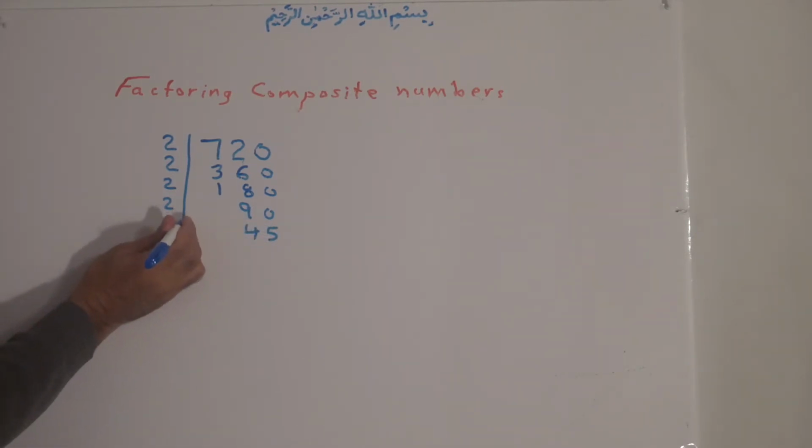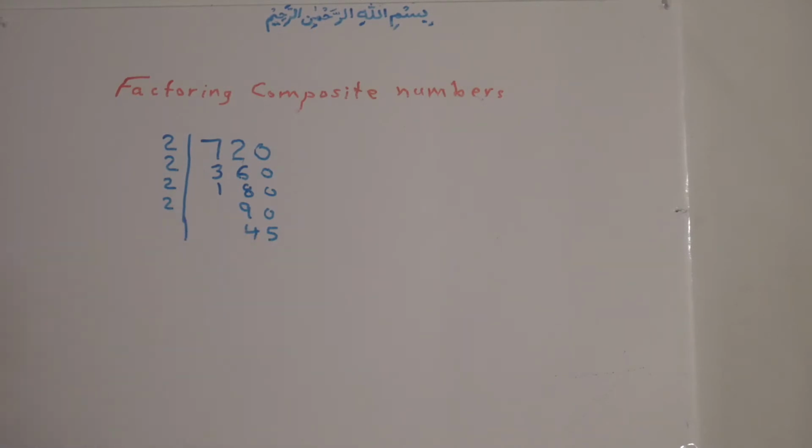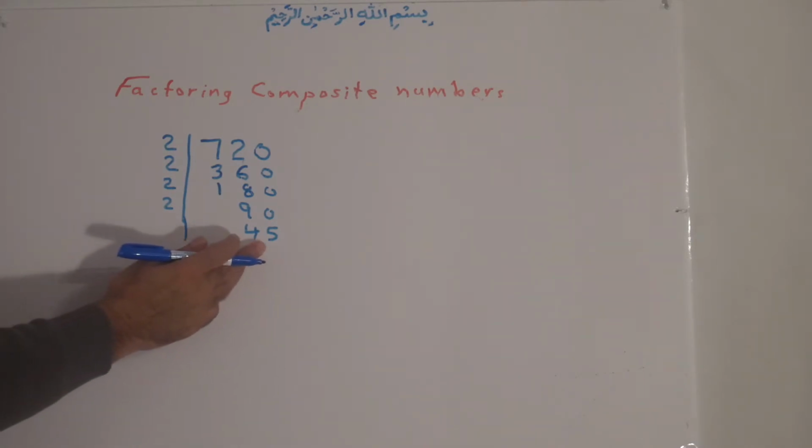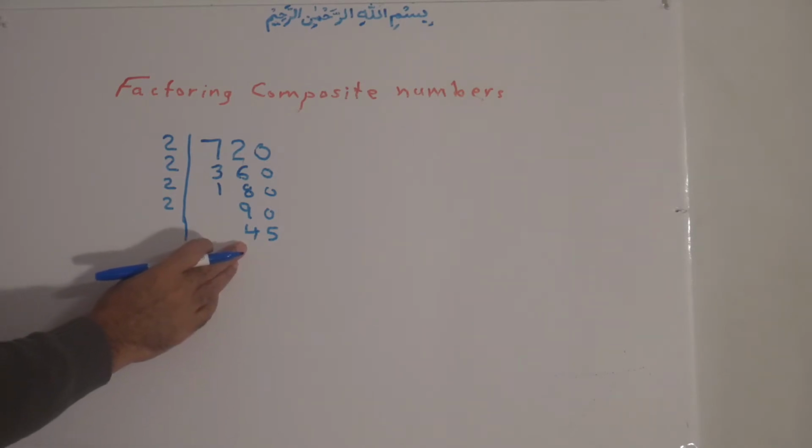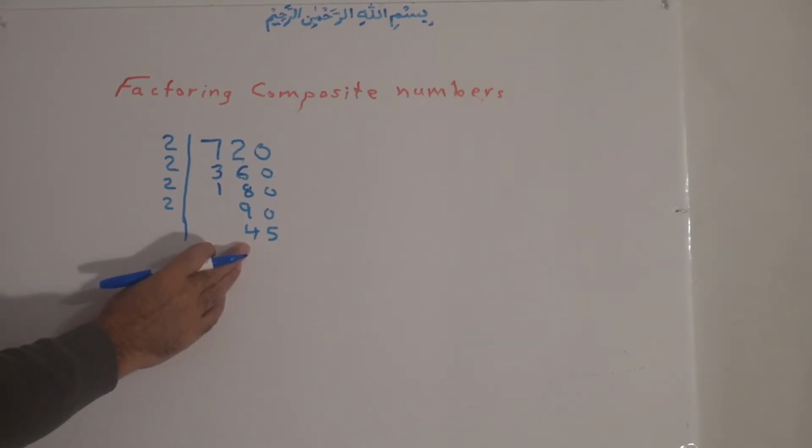Now this is not divisible by 2, because it is neither even nor 0, but it is divisible by 5, because the last digit is 5. But at the same time we see whether it is divisible by 3 or not.